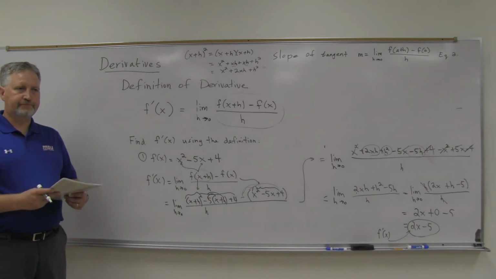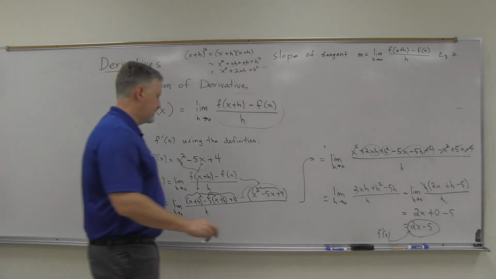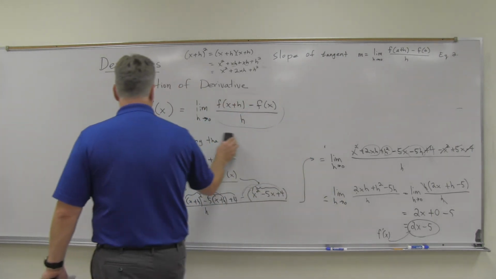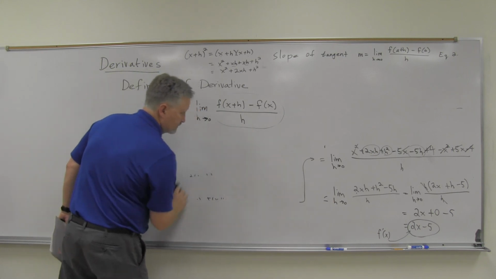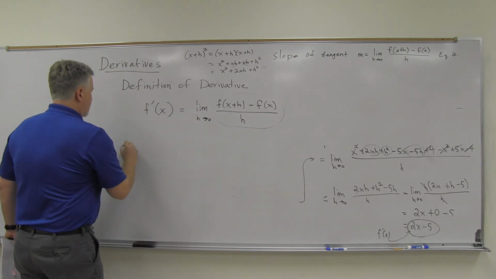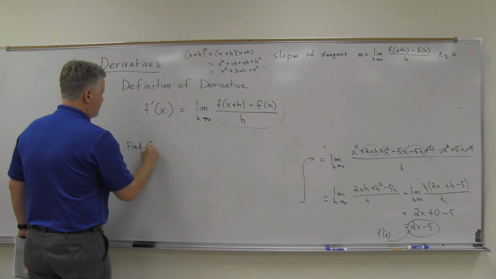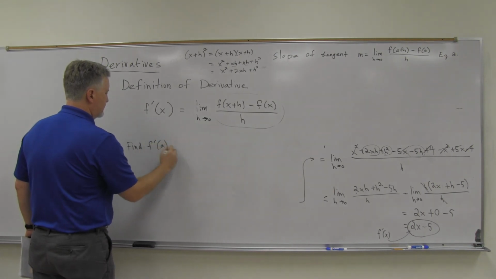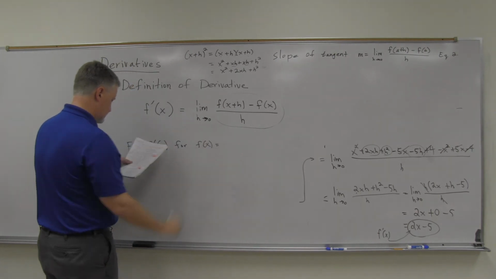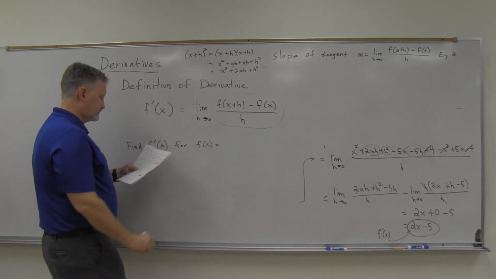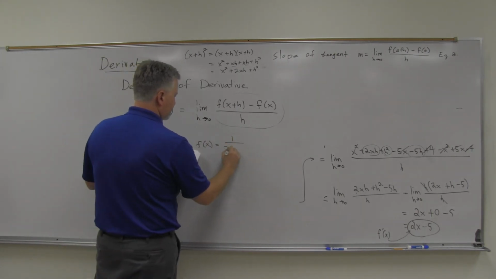Okay? All right, now, let's do this one. Find f prime of a for f of x equals 1 over 3 minus x.